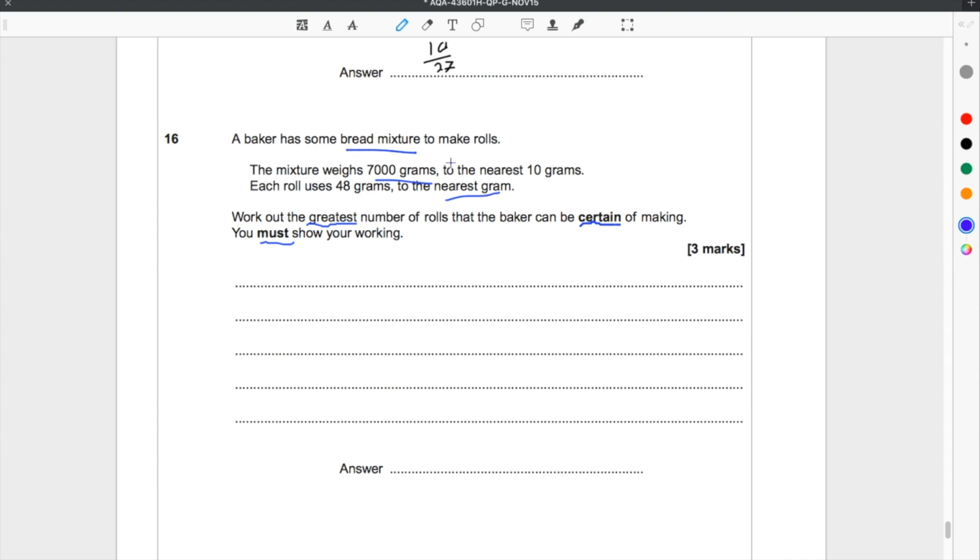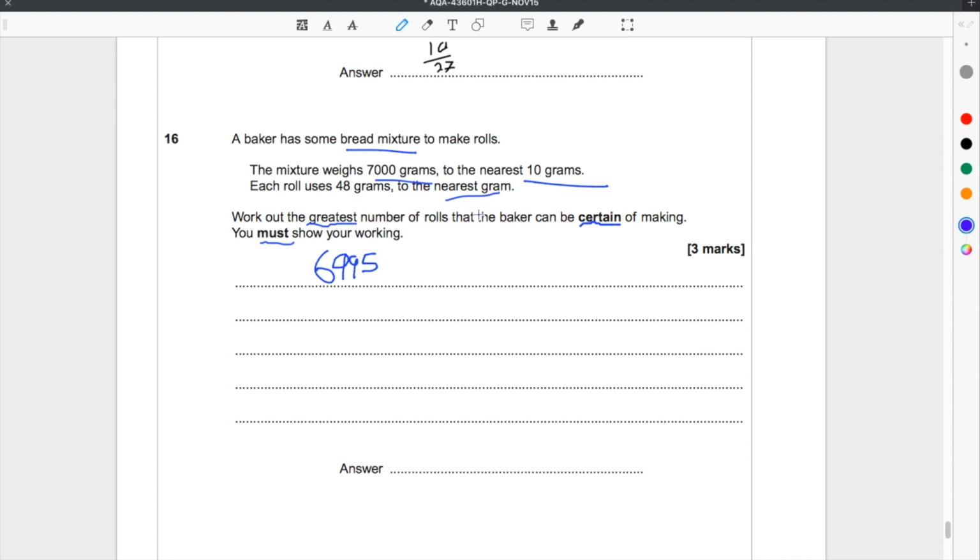The worst case is that he has less than 7,000 grams. It's going to be 5 grams less, isn't it? So if this is rounded to the nearest 10 grams, then he could actually have 6,995 grams. 5 grams less.